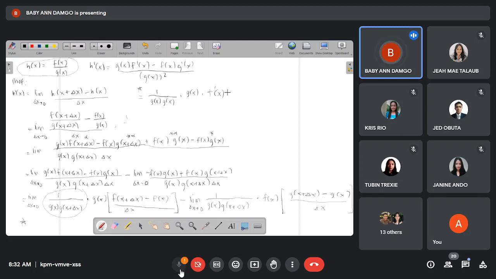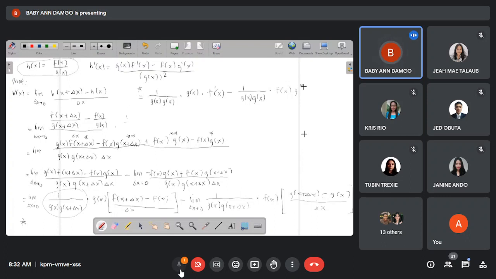Okay? So, minus this one, this is 1 over g of x times g of x times, this one is also not affected. We just copy it, since x is constant with respect to the change of x. Times this, the limit of this is just the definition of the derivative of a function g.